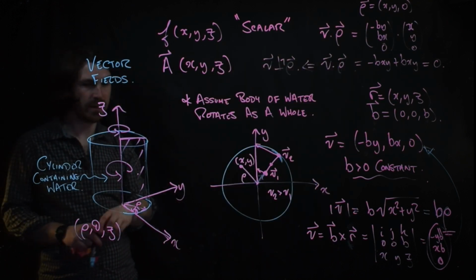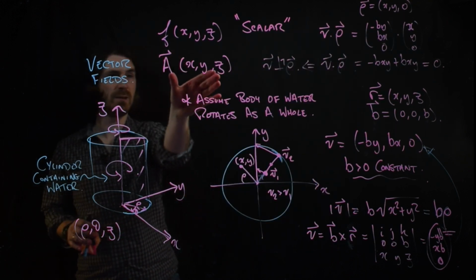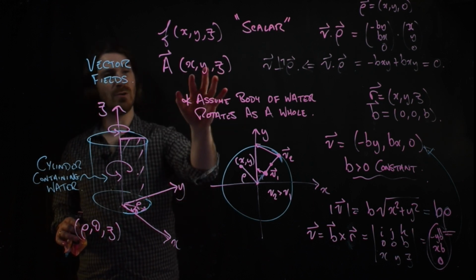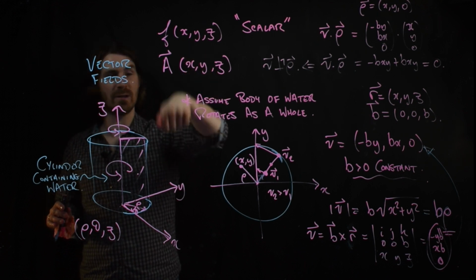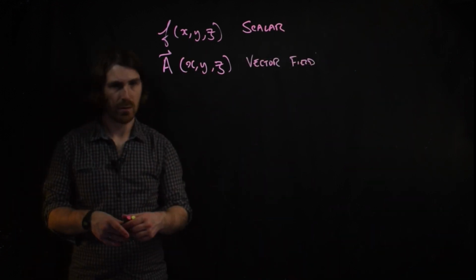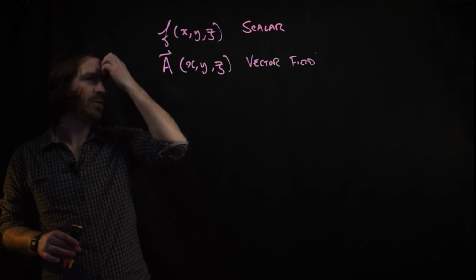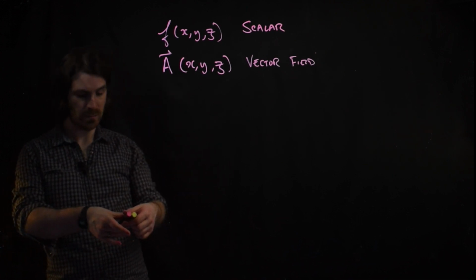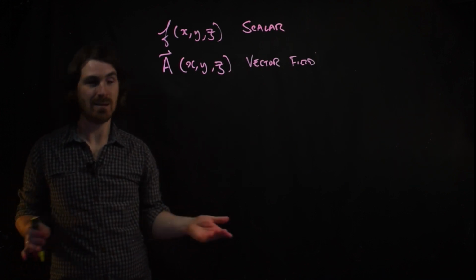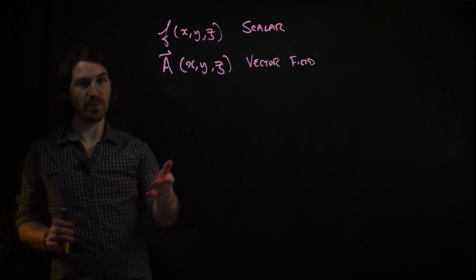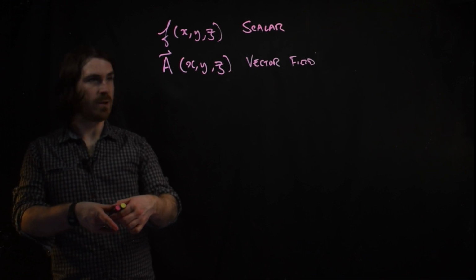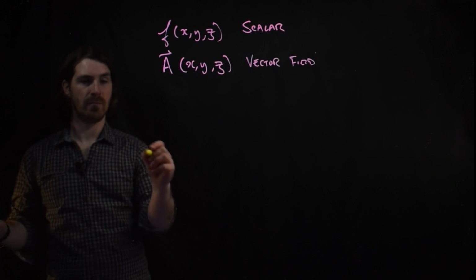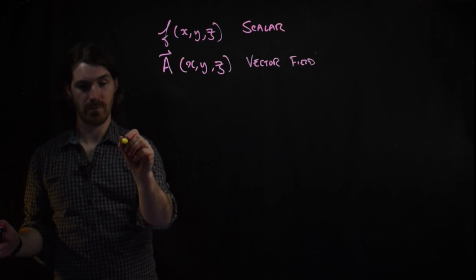Okay, fine, let's look at another example of a vector field, something that depends on the x, y, and z coordinates, and at each x, y, and z you get a vector. A second example of a vector field could be an electric or magnetic field. Electromagnetism is the key to all technology, so your phone and your computers work because of electric and magnetic fields. So let's think about a positive charge.